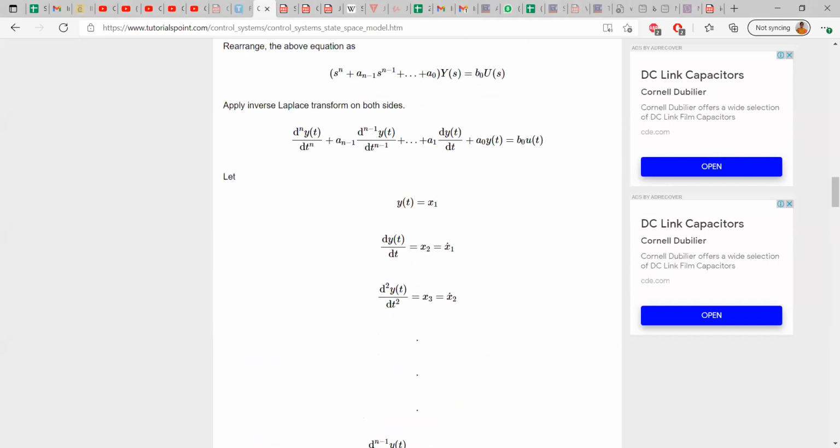Next, what is u of t? It is u. So now the equation becomes like this. So what is x? What is this equation?